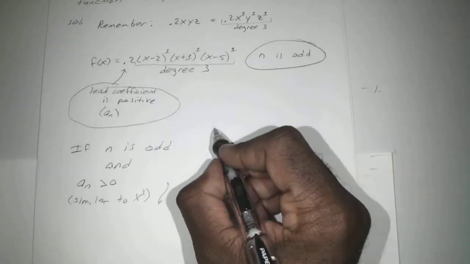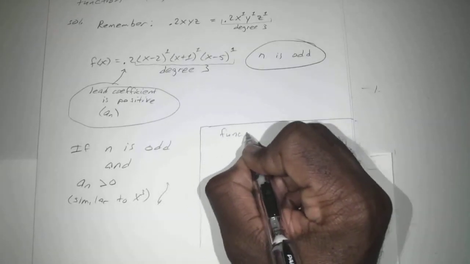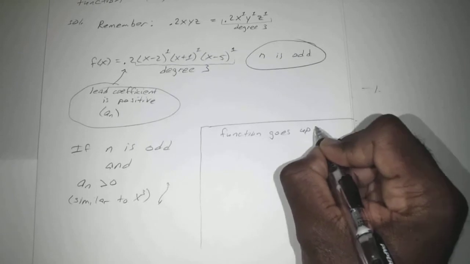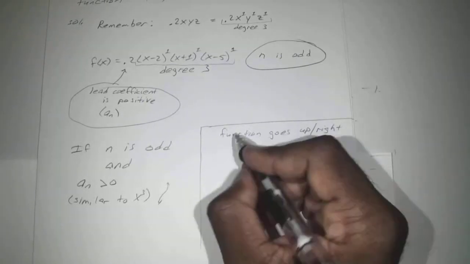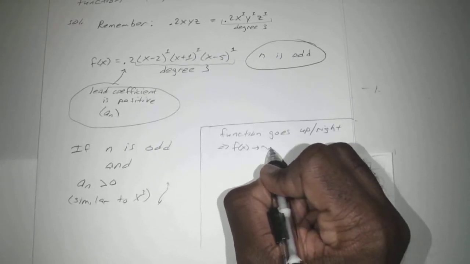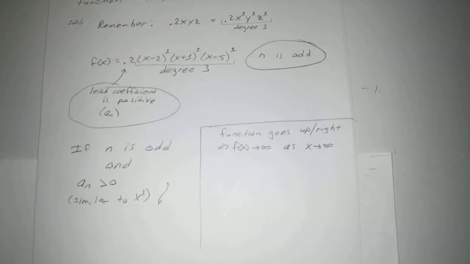Okay. So we know the function goes up and to the right. That's just a fancy way of saying f of x approaches infinity as x approaches infinity.